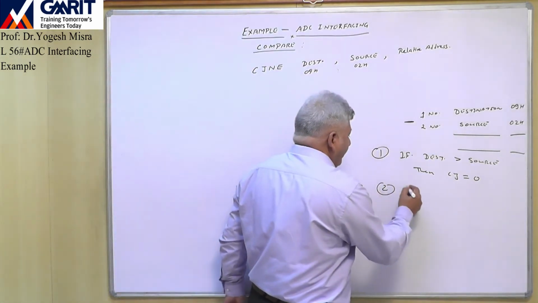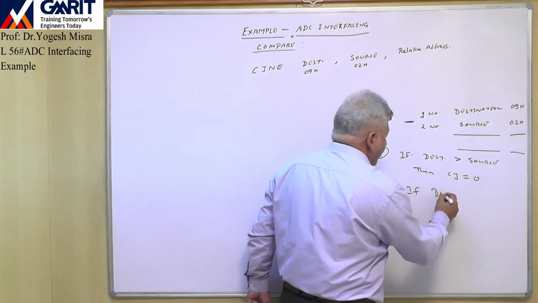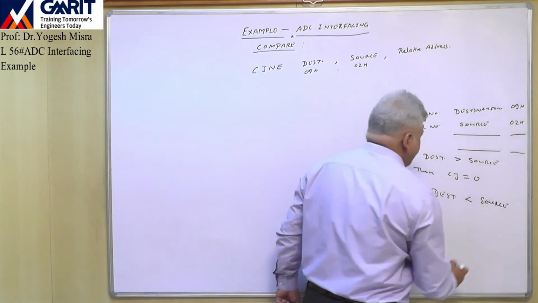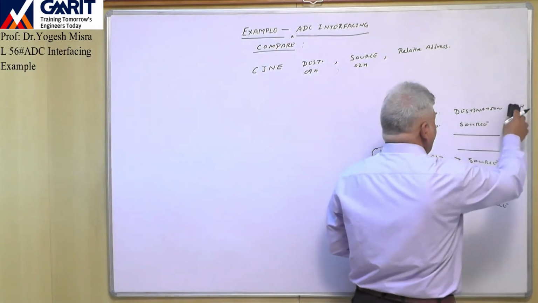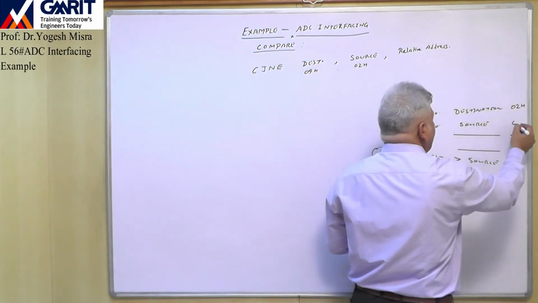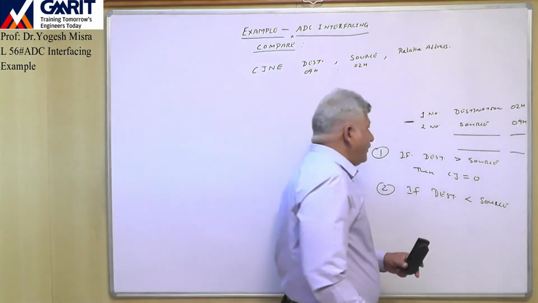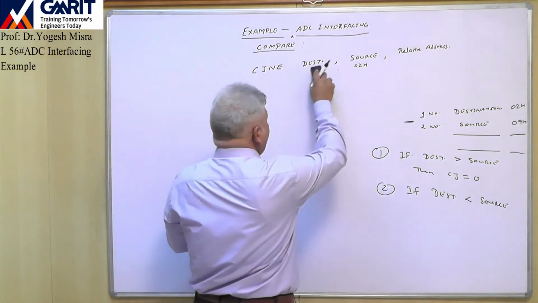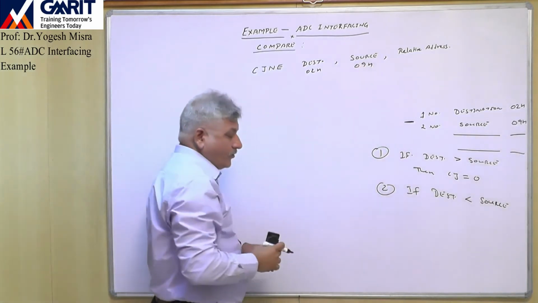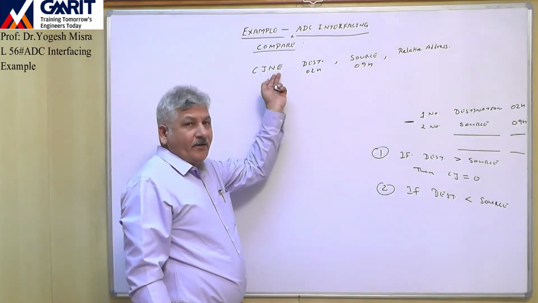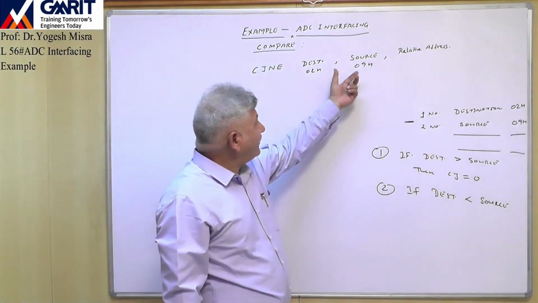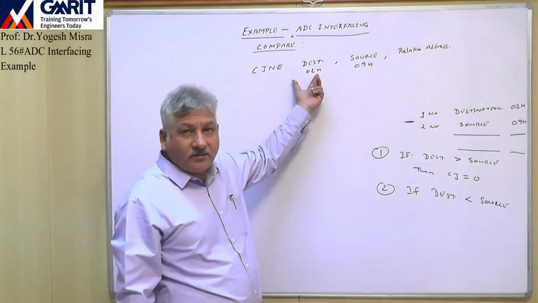Then the second condition is if destination is less than source. For example, suppose our destination is 02H and source is 09H. When this instruction is executed, the controller will subtract 09 from 02.